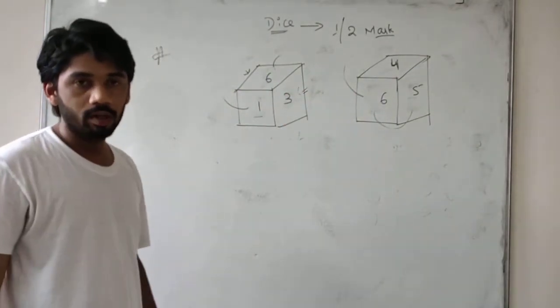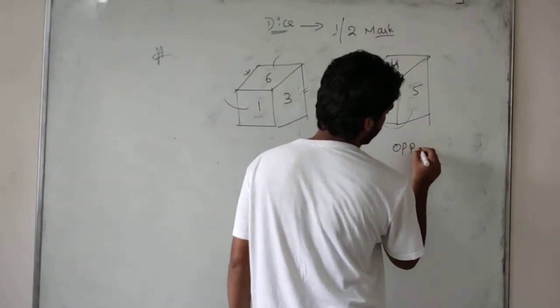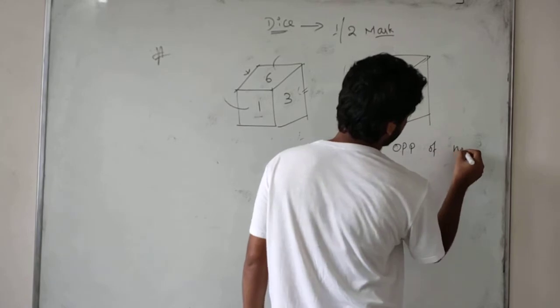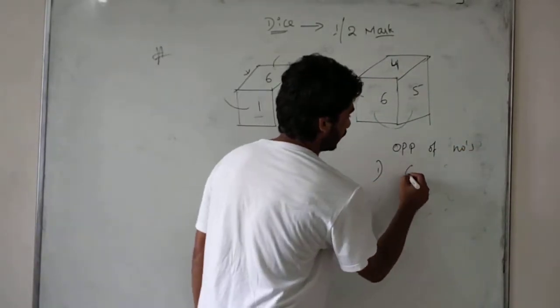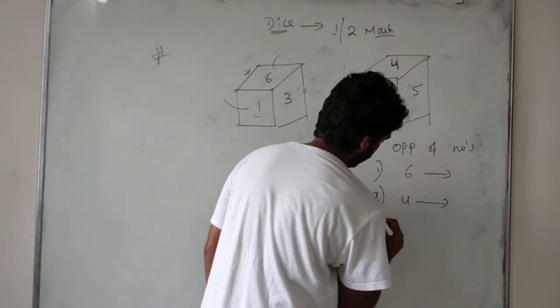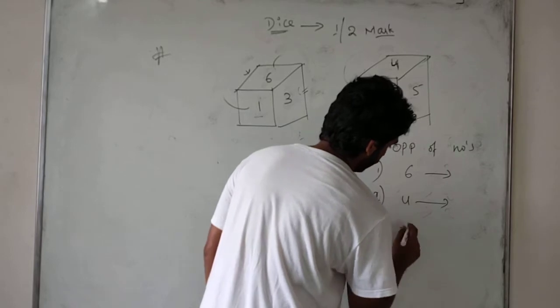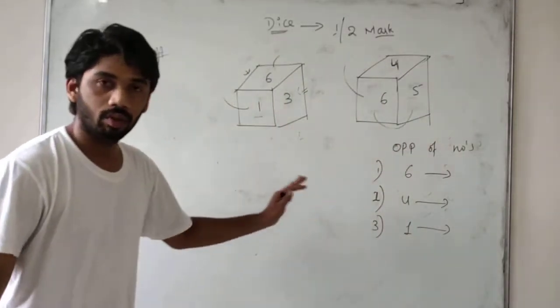This is one common point, and I will be finding the opposite of some numbers. I will give the first number: find the opposite of 6. Second one, opposite of 4. Third one, opposite of 1. So we have to find the opposite of these numbers.